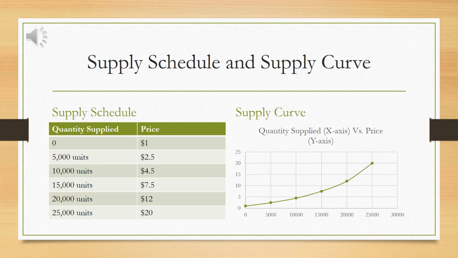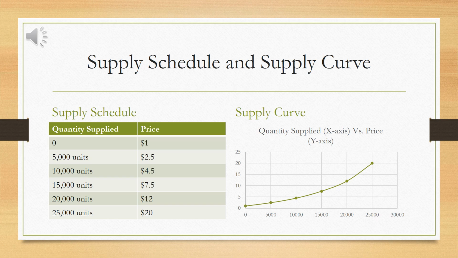The following table describes a supply schedule. Suppliers were able to produce no units when the price was $1. They were able to produce 5,000 units when the price was $2.5.